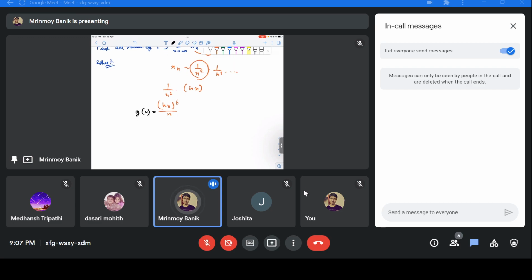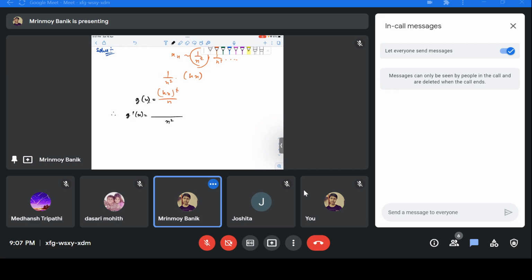So let's analyze g(n). So what's g dash n? So g dash n is n squared times t times (ln n) power t minus 1 minus (ln n) power t, which is ln n by n squared times (ln n) power t minus 1 times t minus ln n.